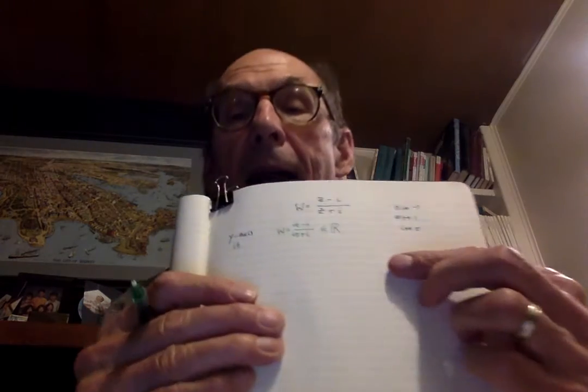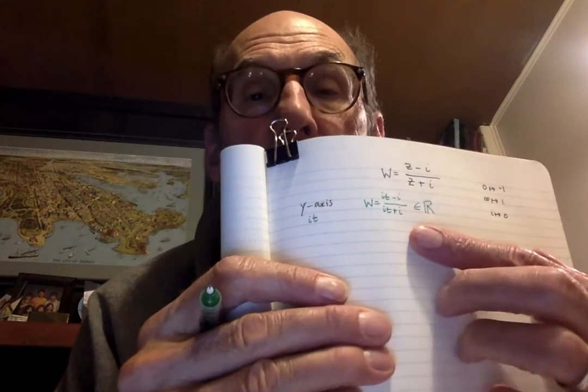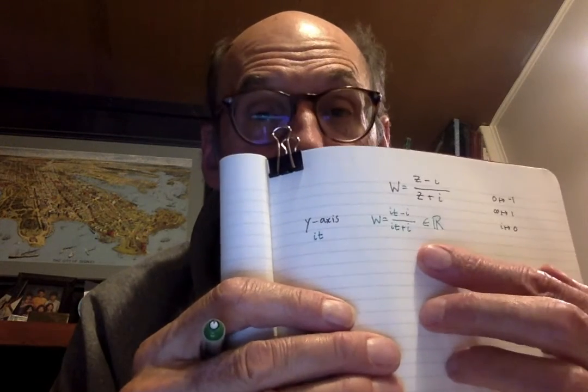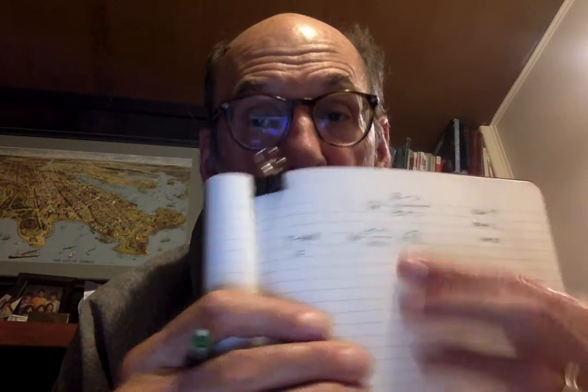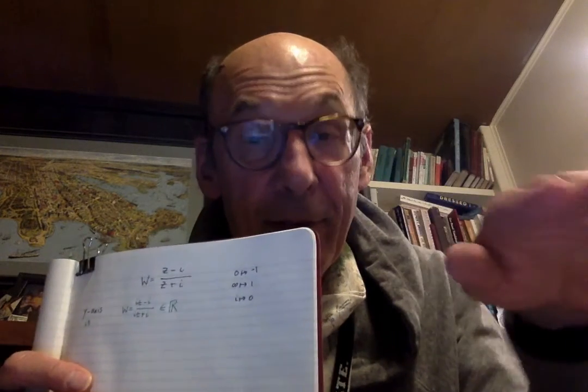So that's the most important thing that we can say about it, and so there it is. The y-axis is mapped onto the real axis in the complex plane. So you start here, you end up here. It's a little bit more complicated than that, but that's the situation. So that's the deal with the y-axis, and that works out quite nicely.